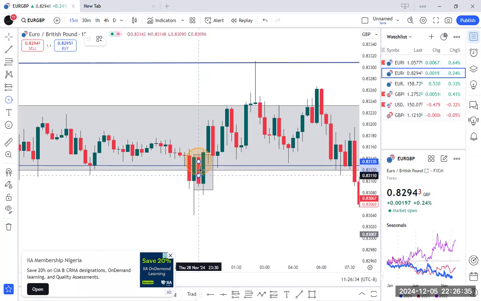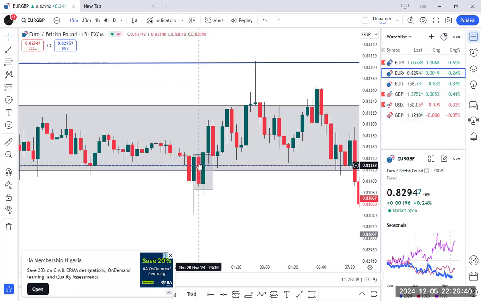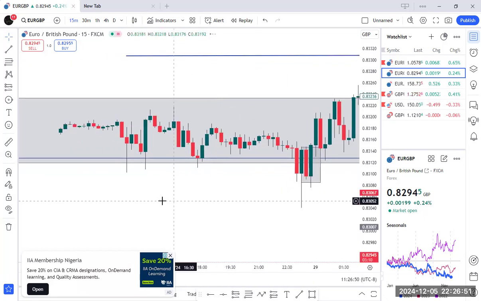But I hope you guys are seeing what I'm talking about as the engulfing. See this red candlestick and the green candlestick. So for a bullish engulfing candlestick, the green candlestick needs to swallow the red candlestick. So let me show you another one here.